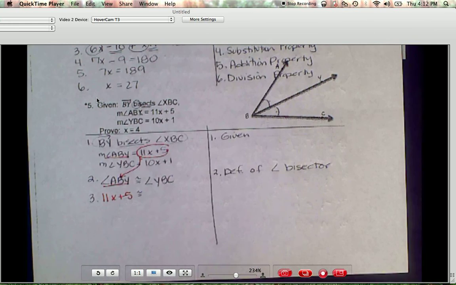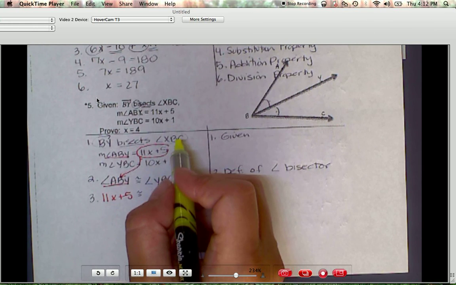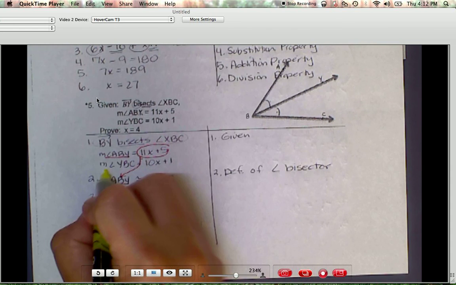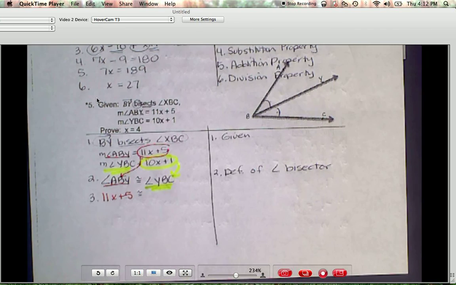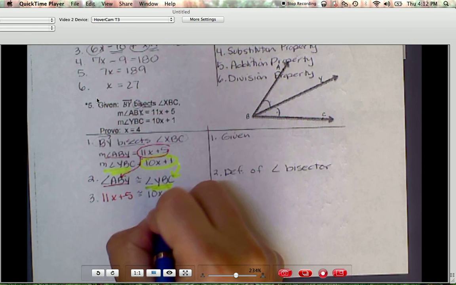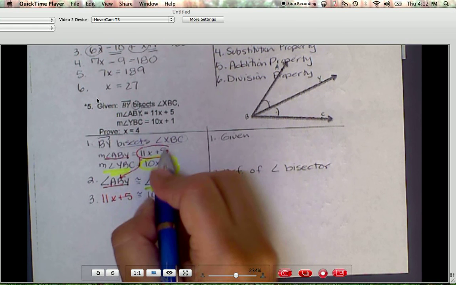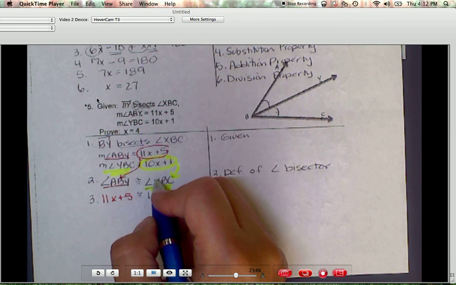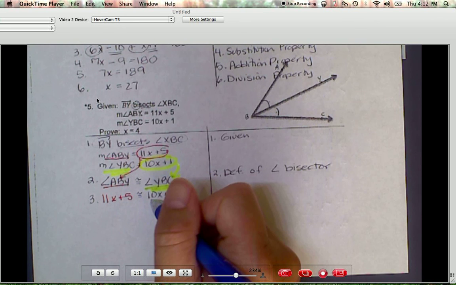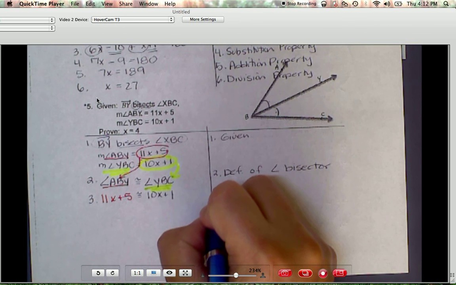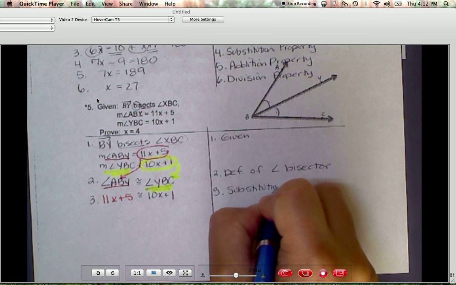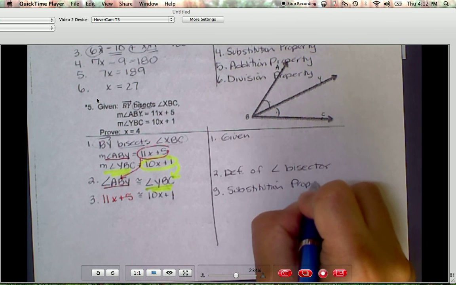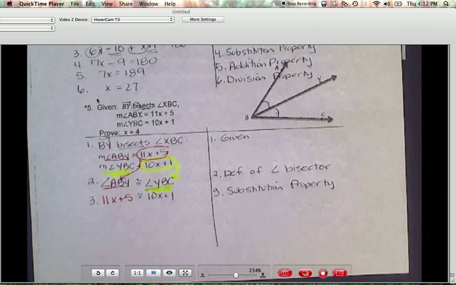And here's YBC, and YBC is equal to 10x plus 1, so we can put 10x plus 1 in place of YBC. So we get 10x plus 1. Now we're putting these things in place of their angles, or plugging it in place of their angles. So that is going to be a substitution property. Putting something in place of something else.